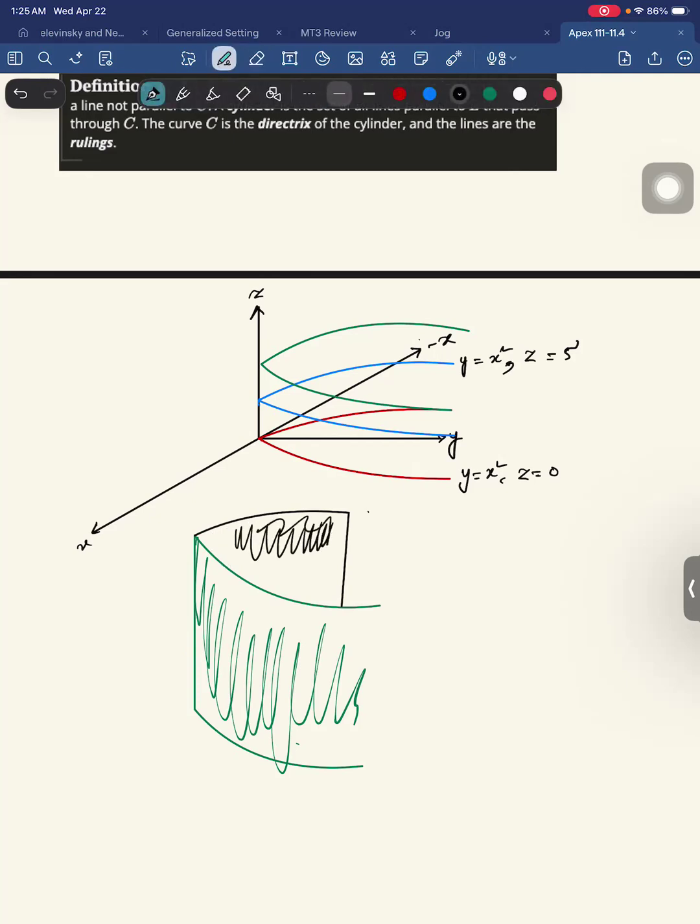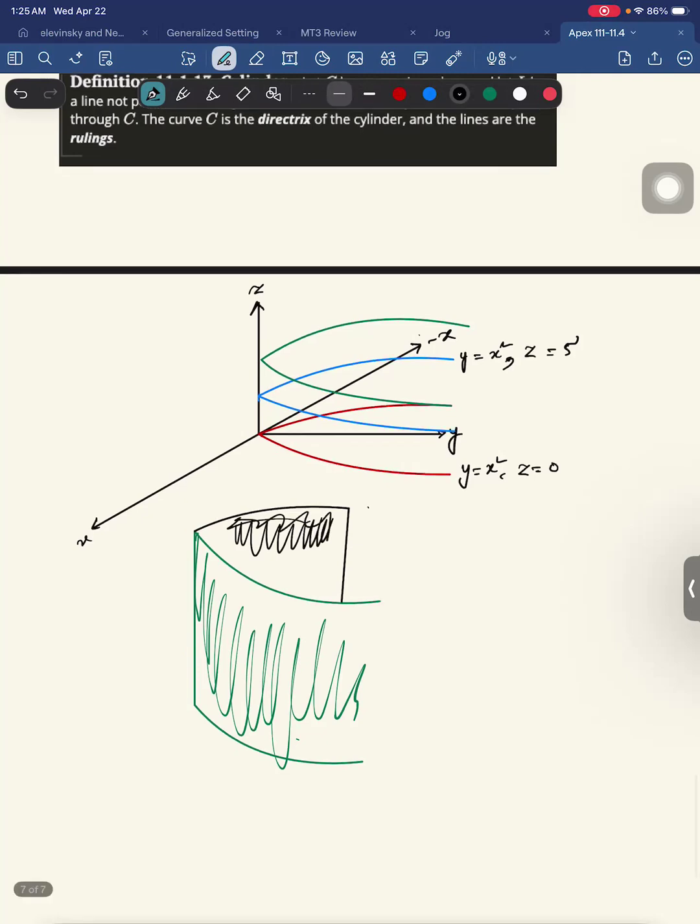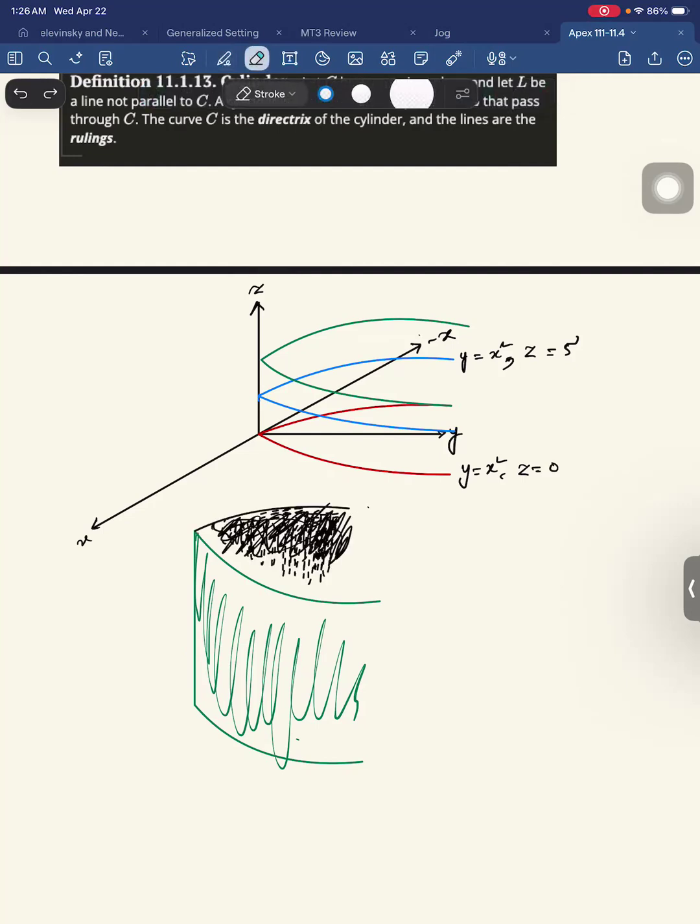This is the other side of the wall. So that is how this would look.